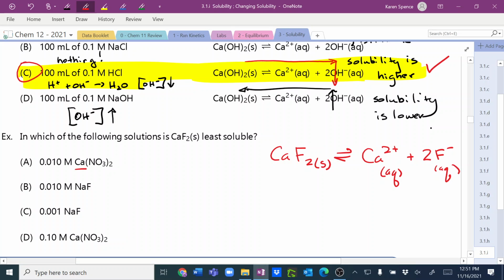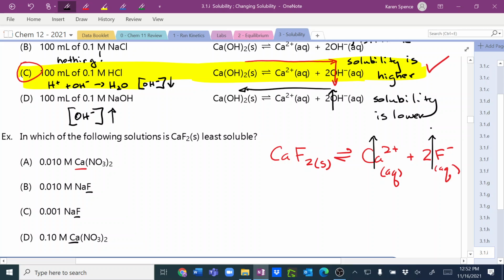Our first one would increase the concentration of calcium, which would shift it to the left. Our second one would increase the concentration of fluoride, which would shift it to the left. And then we have fluoride again, and then we have calcium again.